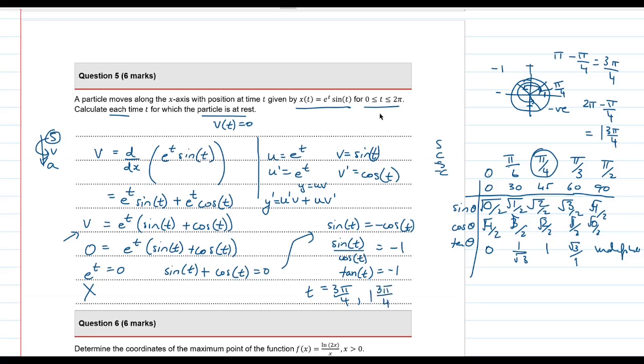Those two would be the only values that we would write, because our domain is t between 0 and 2 pi. Just to answer, we can say the particle is at rest at t equals 3 pi on 4 and 7 pi on 4.